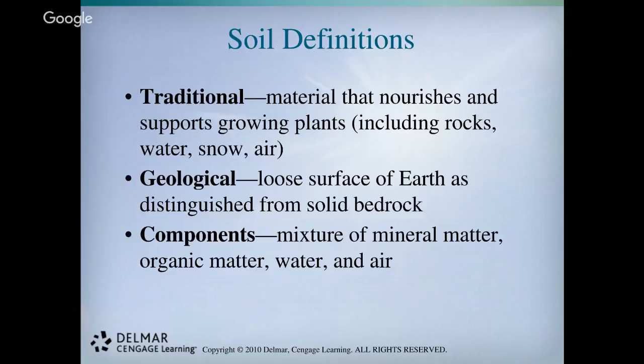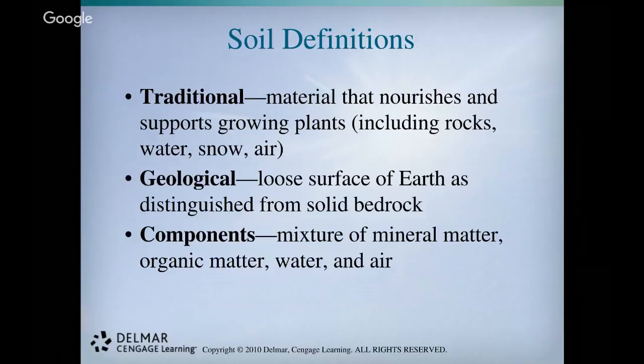All right. Remember, eyes up here, please. We have some traditional definitions of soil, which we looked at really last chapter. Ladies, you with us? The traditional definition of soil is really the top layer of the Earth's crust, or material that nourishes and supports growing plants.